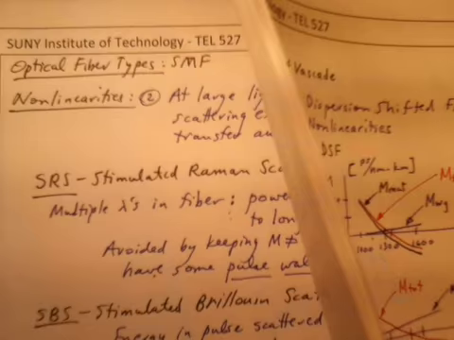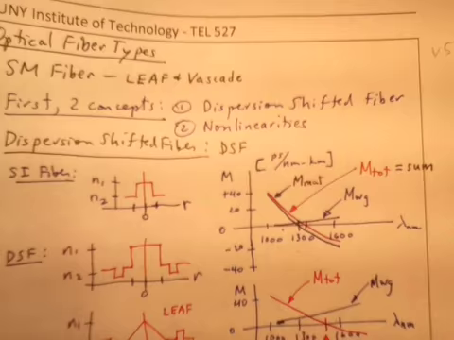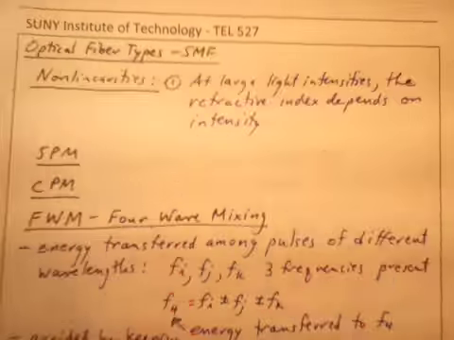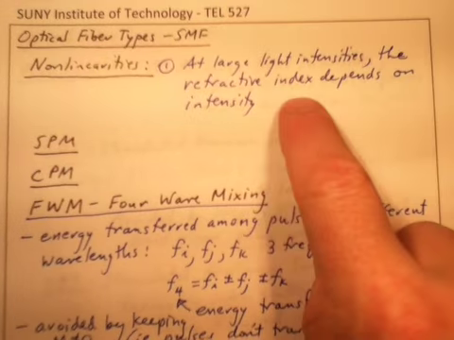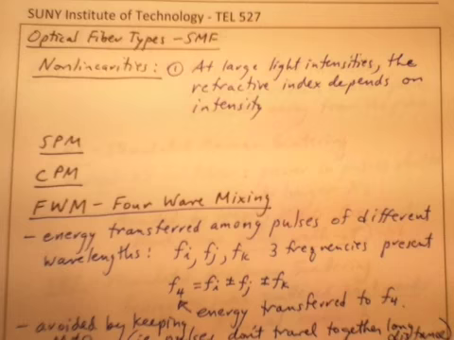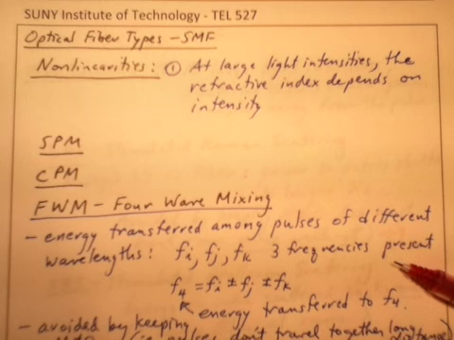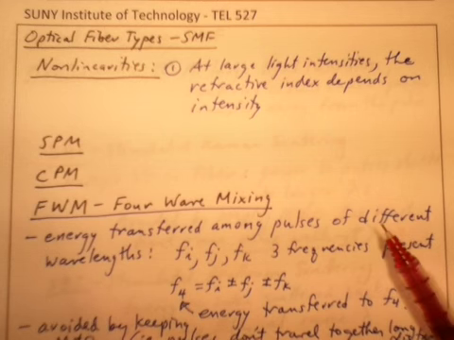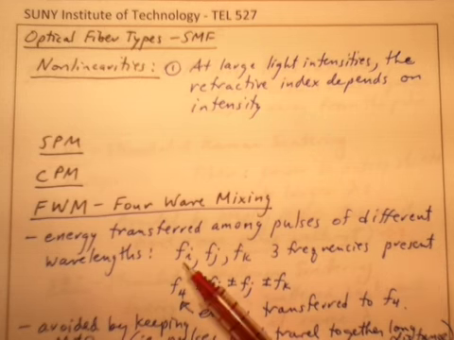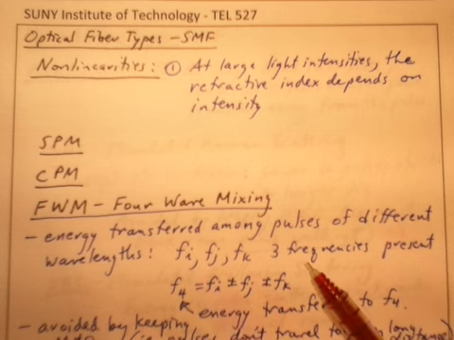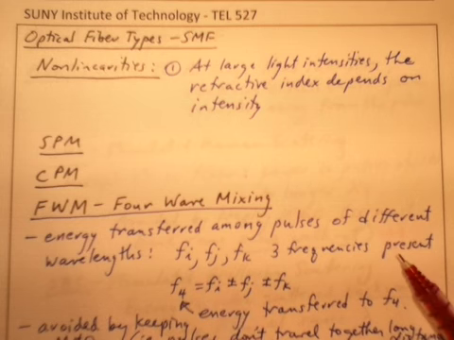Let me move on to the third effect that the refractive index, depending on the intensity, can cause, and that's another one that occurs in WDM systems. In this effect, we have multiple pulses of different wavelengths, and I'm calling them frequencies I, J, and K here, in the WDM system.